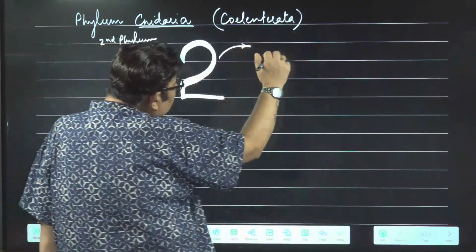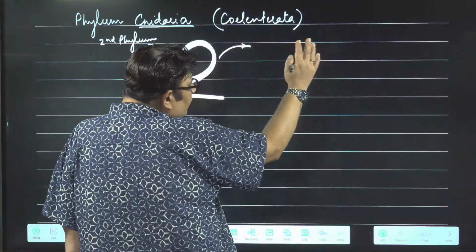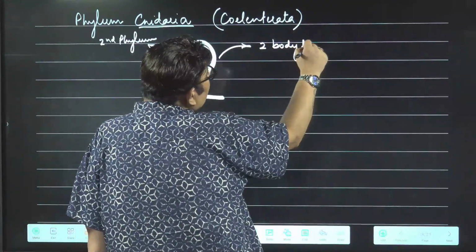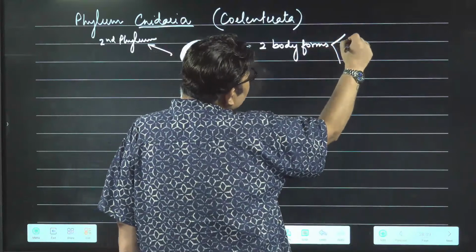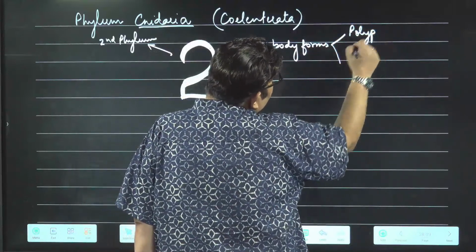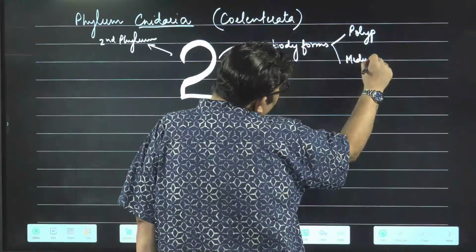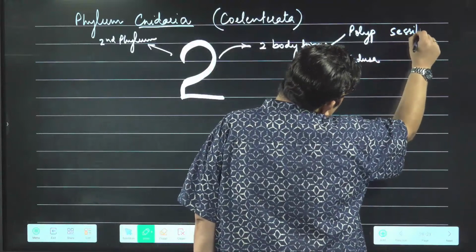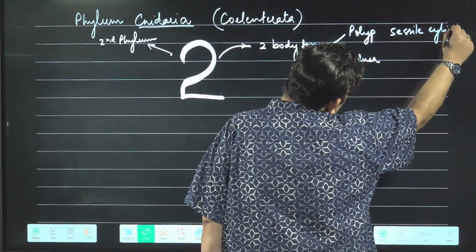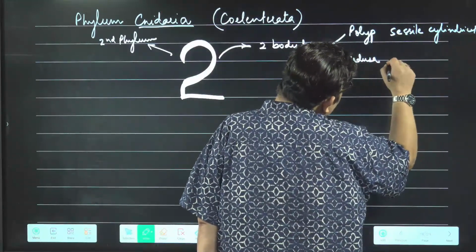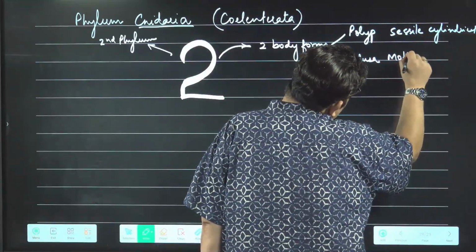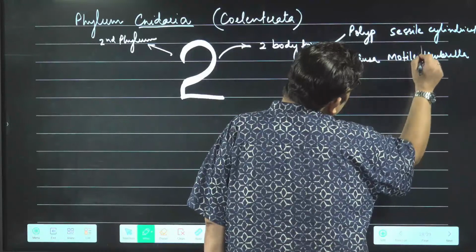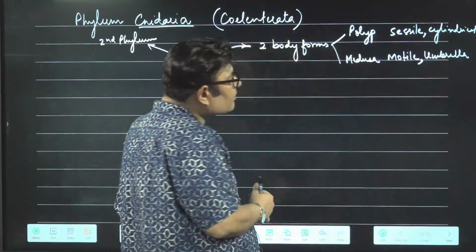Two number two, in this phylum, there are two body forms, two body designs. One is polyp and one is medusa. Polyp is sessile, cylindrical, and medusa is motile, umbrella-shaped.